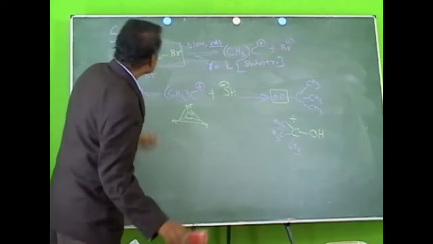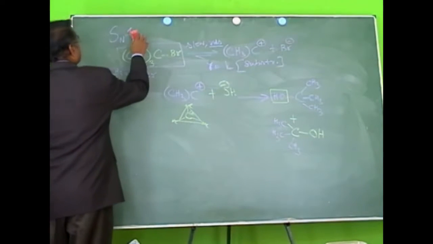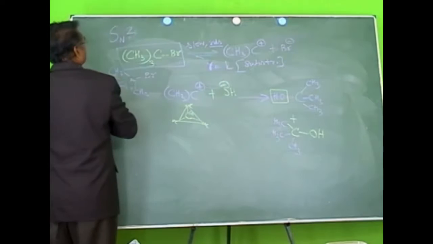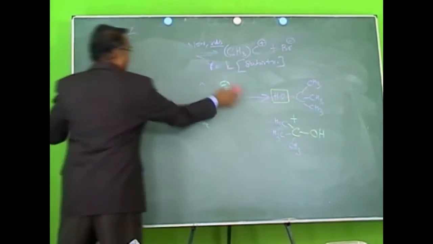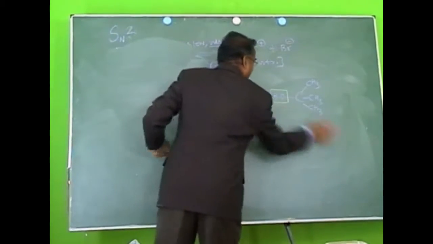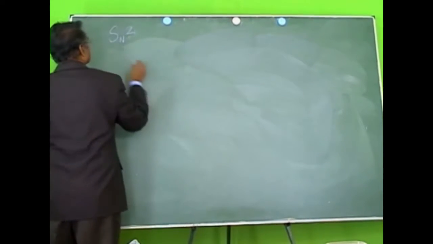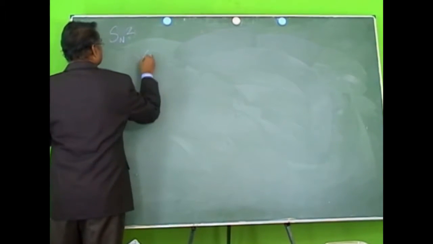Okay. Now let us discuss SN2. In the case of SN2, the first step is attack of nucleophile on the substrate. Consider methyl bromide.